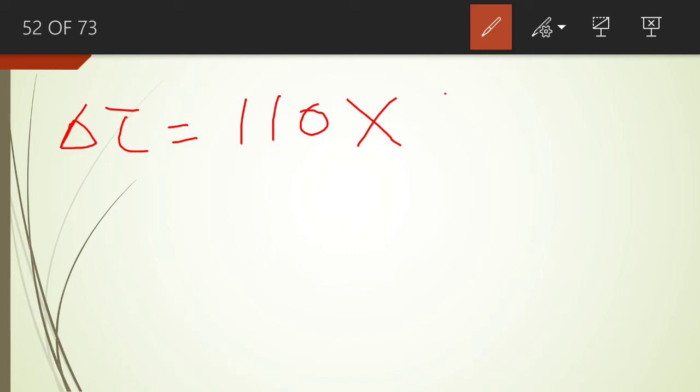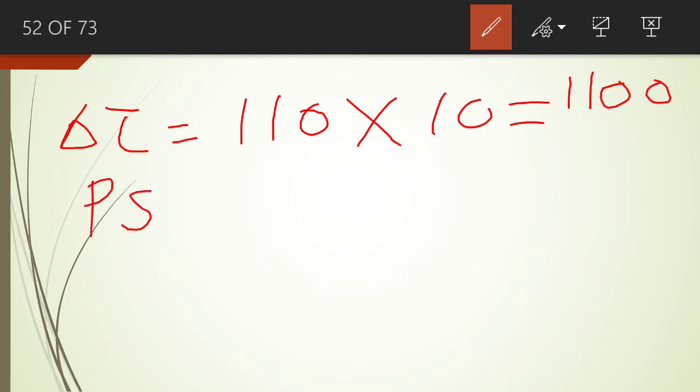The pulse spread per unit length is known, which is 110, and the length of the information channel is known as well, which is 10. So the total pulse spread will be 1100, and this pulse spread will be 1100 picoseconds.